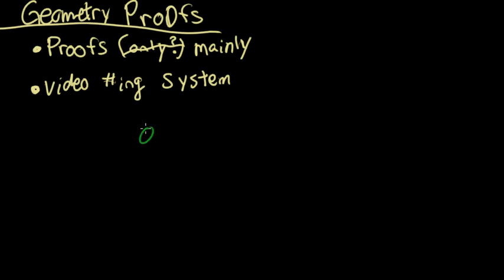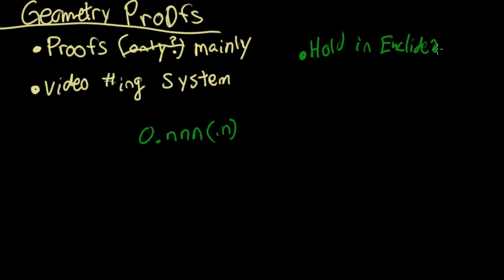We'll say they start out with 0.NNN, and sometimes I'll have a .n afterwards if I forgot to do a video and need to go back. These are videos that hold in Euclidean and hyperbolic geometry.